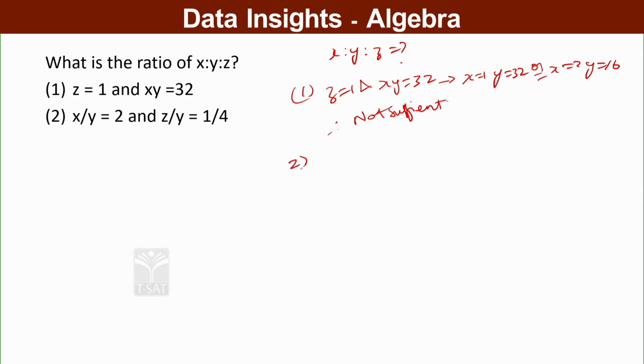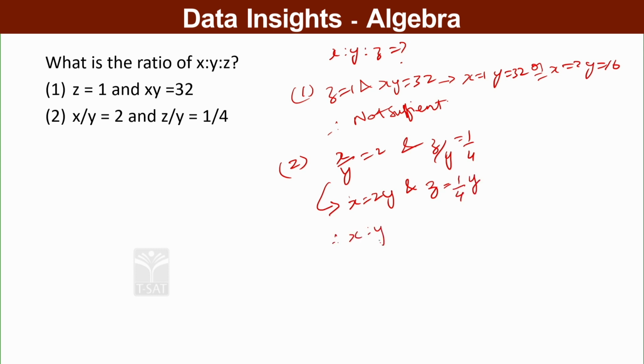Now, the second statement says that x by y is equal to 2 and z by y is equal to 1 by 4. X by y is equal to 2 means x is equal to 2y, and z by y is equal to 1/4 means z is equal to 1/4 of y. Therefore, x is to y is to z is equal to 2y is to y is to 1 by 4th of y.